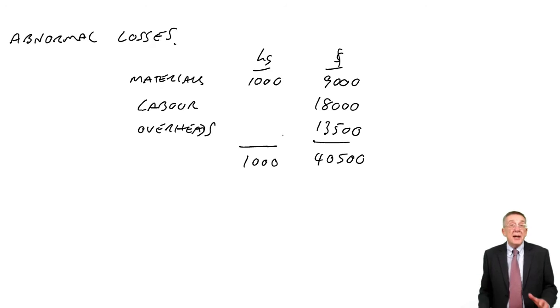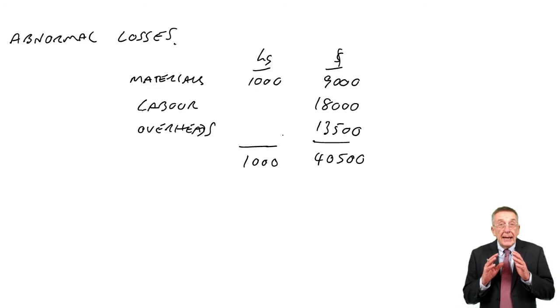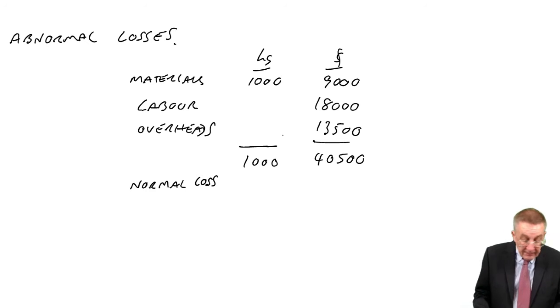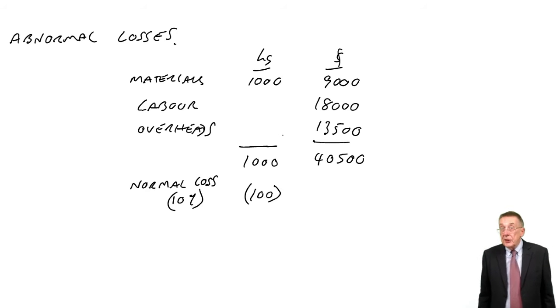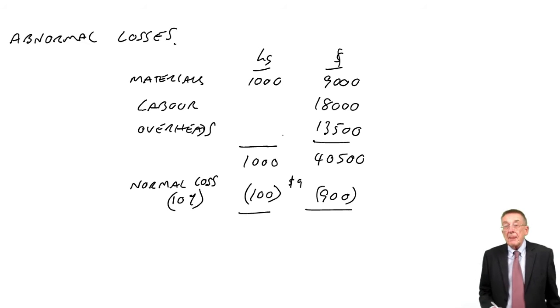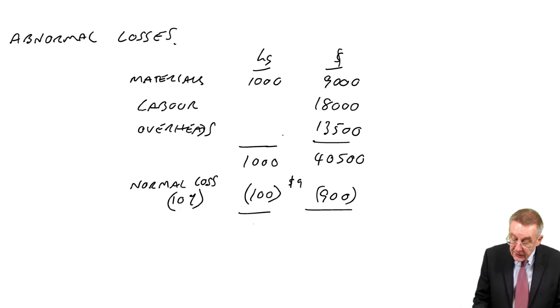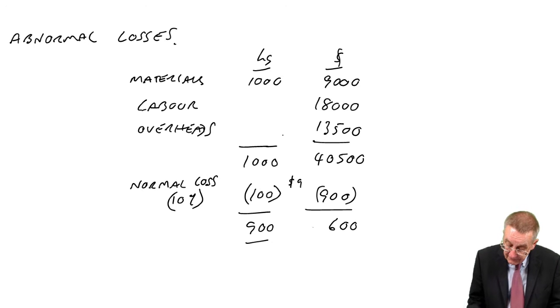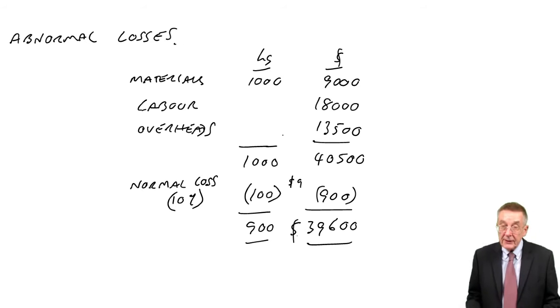Just as last time, we bring into our costings any normal or expected losses. Forgetting for the moment what actually happens, we expect to lose 10%, which is 100. And any revenue we treat as a negative cost. We expect to get $9 a unit, so we expect to receive 900. So what we expect to happen is that we'll end up with 900 kilos at a net cost of 39,600.